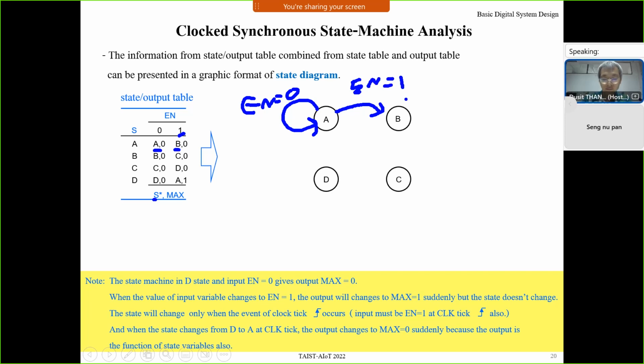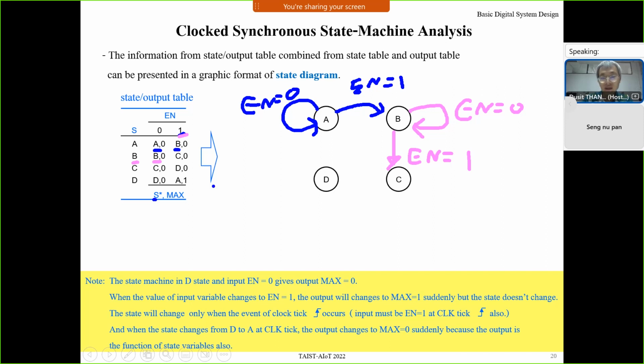Now I just consider the next state only. At state B, when input is 0, go to state B. But when input is 1, change from B to C. Okay, and so on.